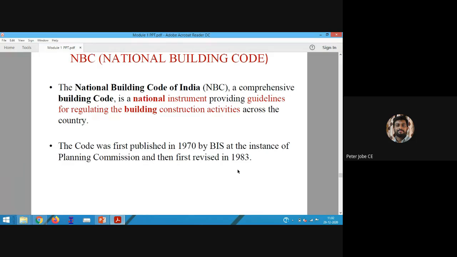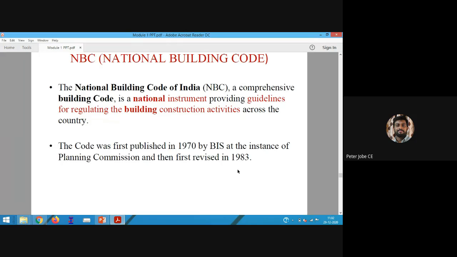some building codes that are in use in our area. So the first one we are going to discuss is the National Building Code. The National Building Code of India, known as NBC, is a comprehensive building code. It's a national instrument providing guidelines for regulating building construction activities across the country.